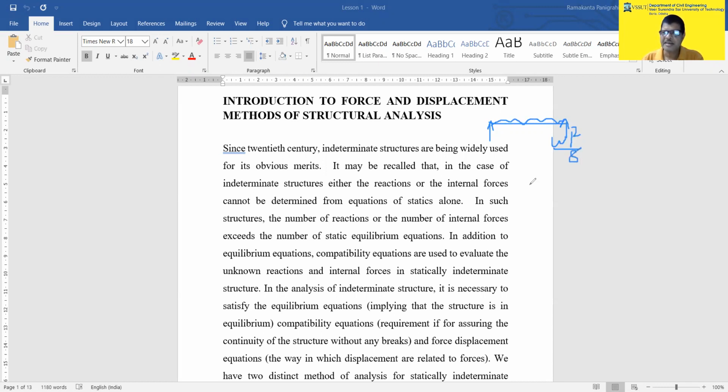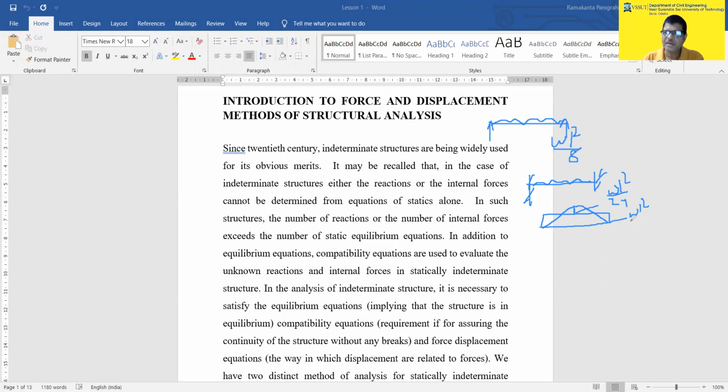If you take the same thing as a fixed beam with UDL, you have also studied the fixed beam in Analysis 1. So if you draw this diagram, it will be like this. WL square by 12, and here we'll find this value is coming WL square by 24. So now this value reduces to WL square by 24, and the maximum negative moment is WL square by 12.